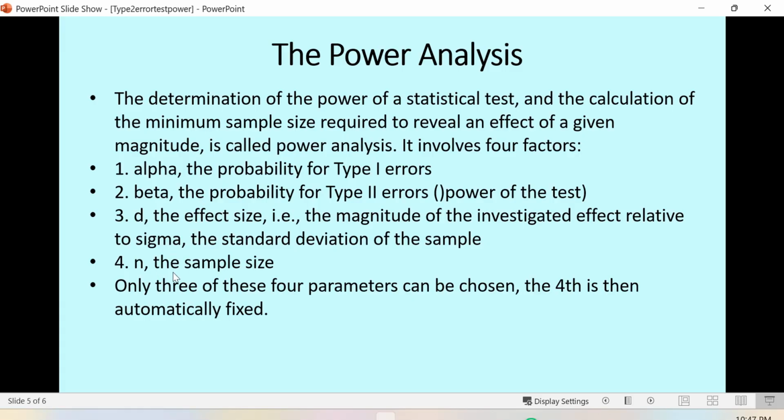And the fourth is the sample size. Usually, a bigger sample will be much more powerful, and a smaller sample will be less powerful to find an effect. And for these 4 factors, if we know 3 of them, then the other one will be determined automatically.